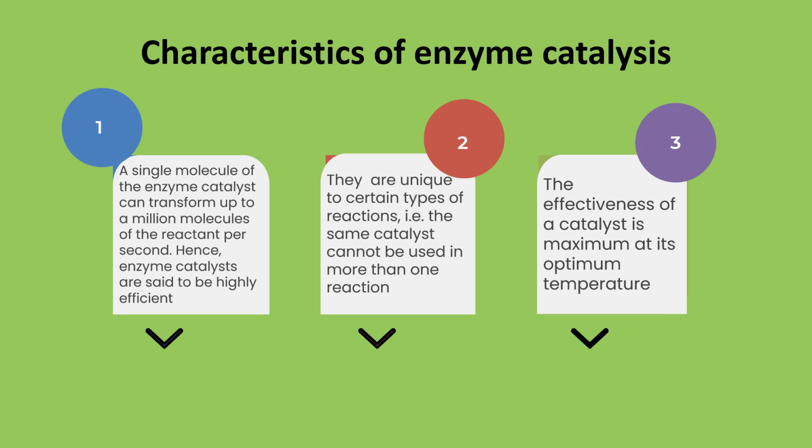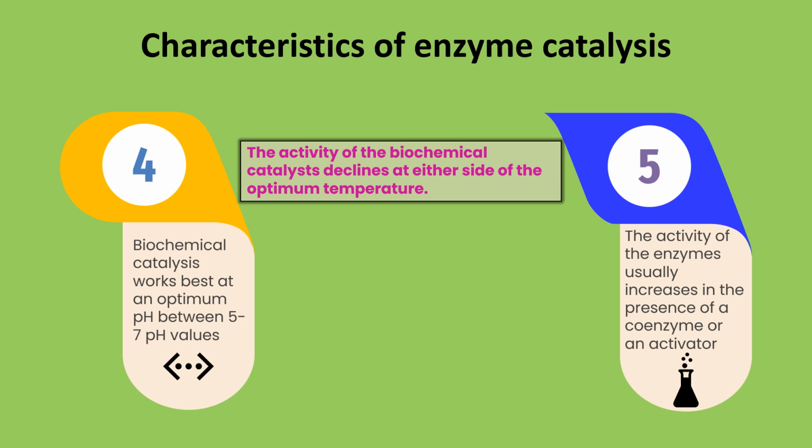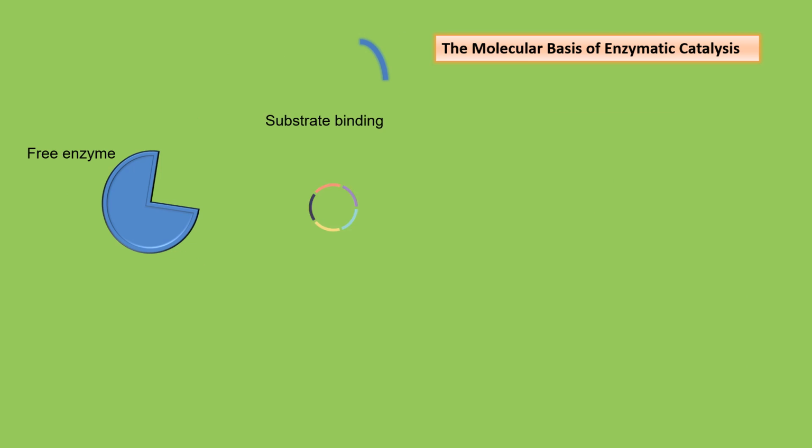Thirdly, the effectiveness of a catalyst is maximum at its optimum temperature. Next, biochemical catalysis works best at an optimum pH between 5 and 7. The activity of enzymes usually increases in the presence of a coenzyme or an activator. The activity of the biochemical catalyst declines on either side of the optimum temperature.